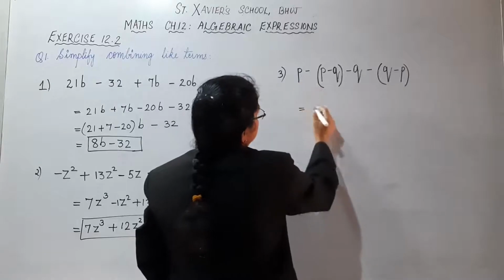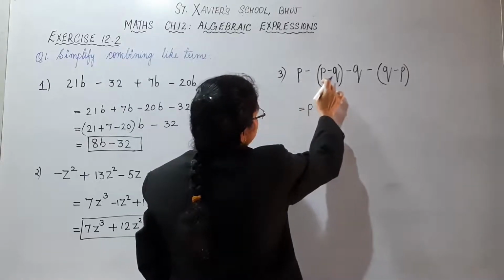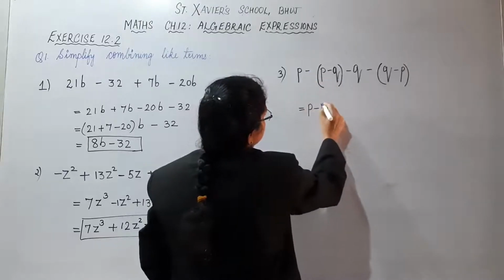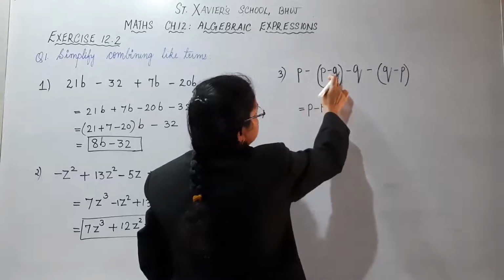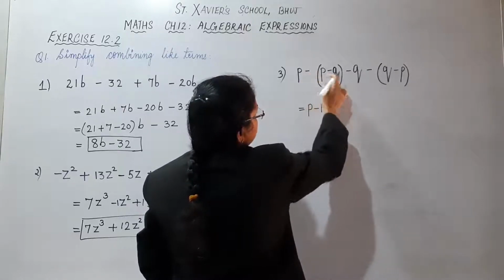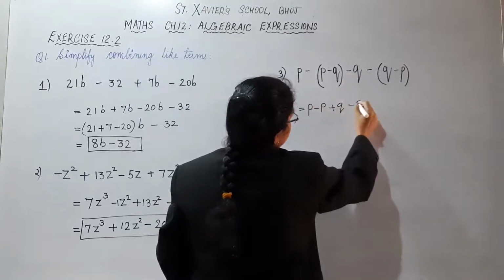Let's start from P. P is positive here. So when we multiply by minus, it will become minus P. And Q is negative. So minus into minus becomes plus Q. This will be as it is.